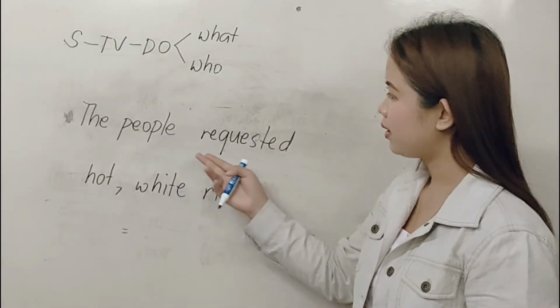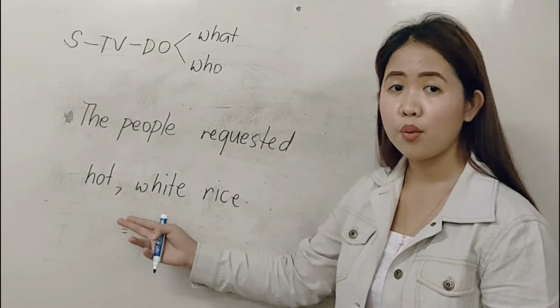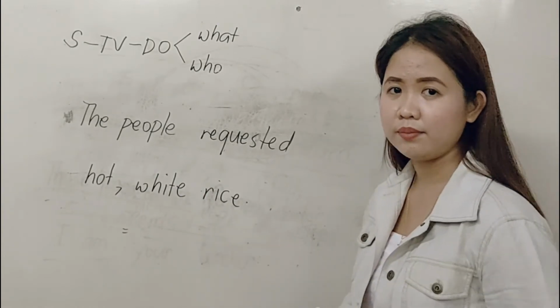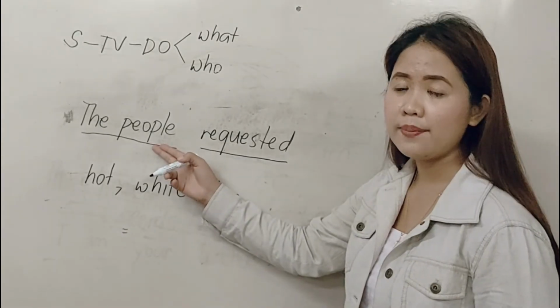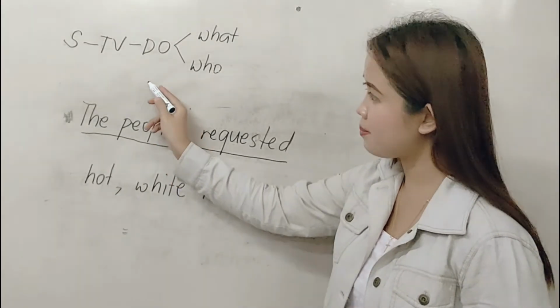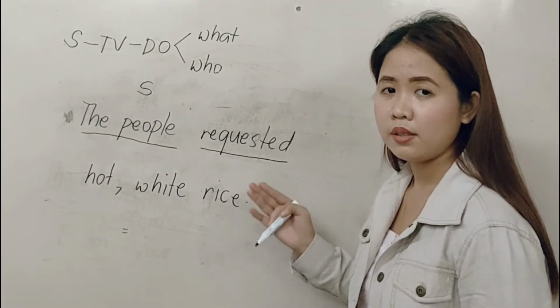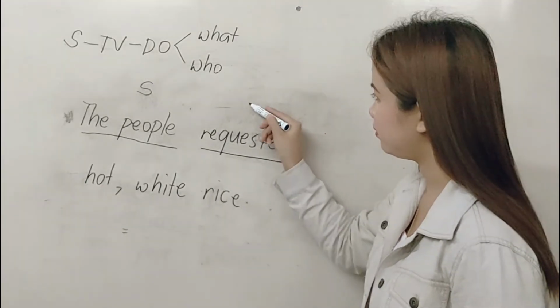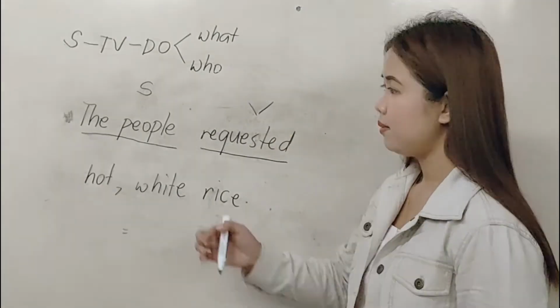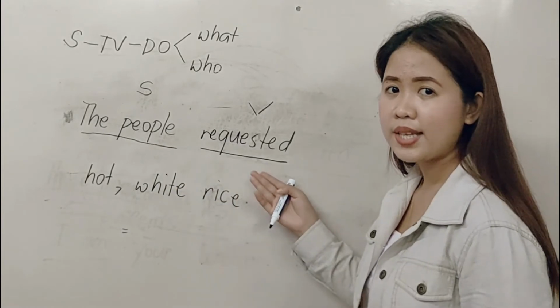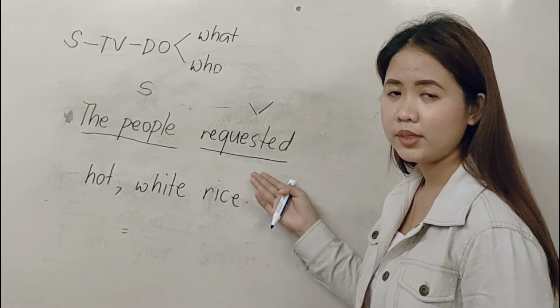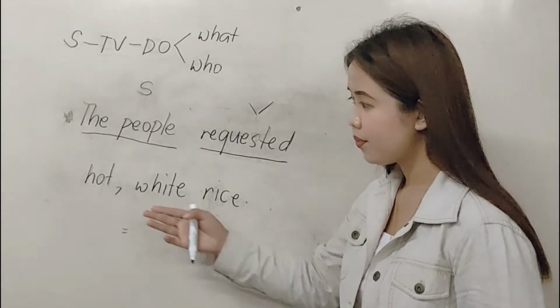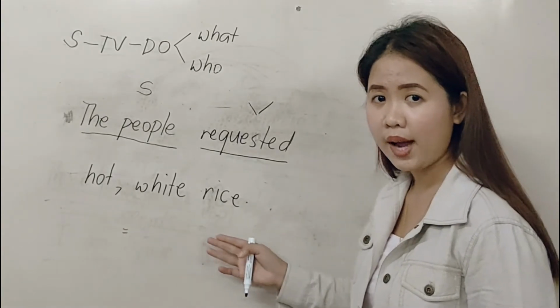The people requested hot, white rice. The people is considered the subject. The word requested is the verb. The people requested what? The answer is hot, white rice.